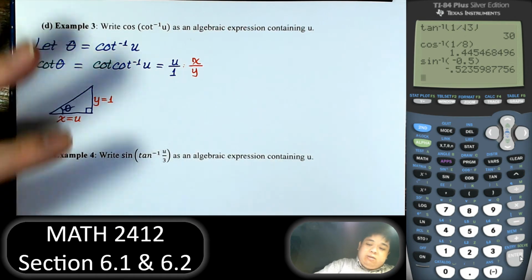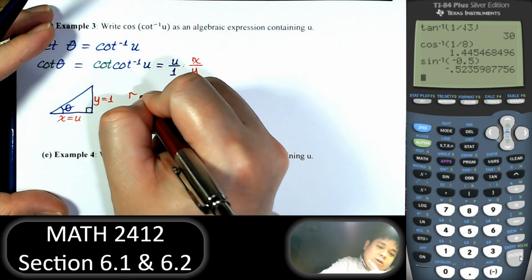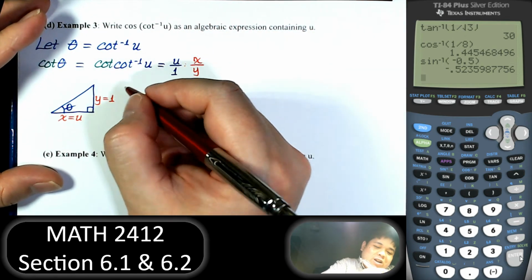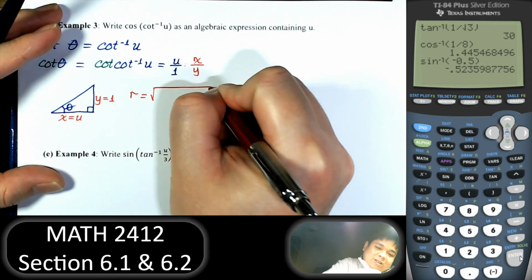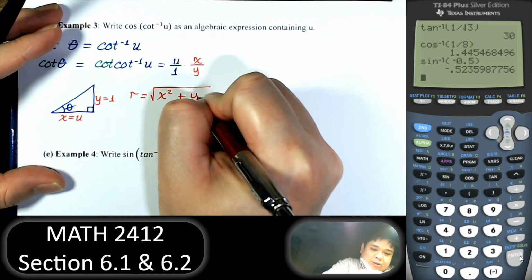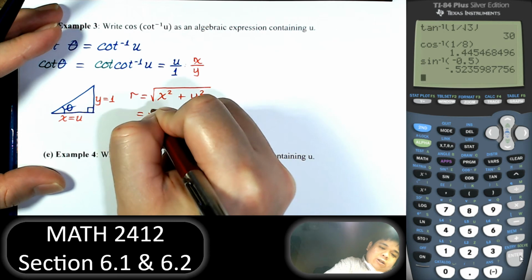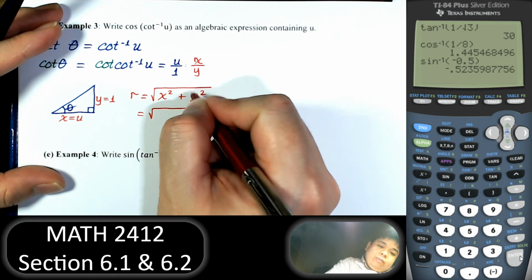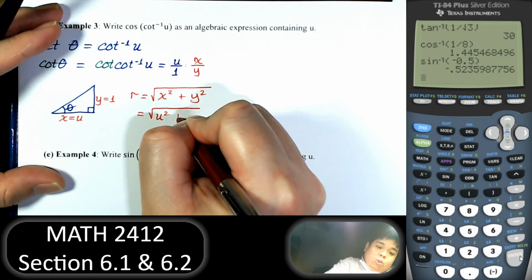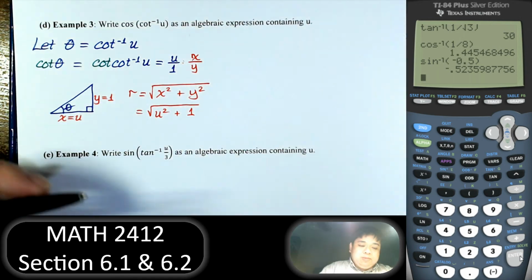In that case, we can find r. The good thing is r is always positive. r is the square root of x squared, u squared, plus y squared, 1 squared, or just 1.